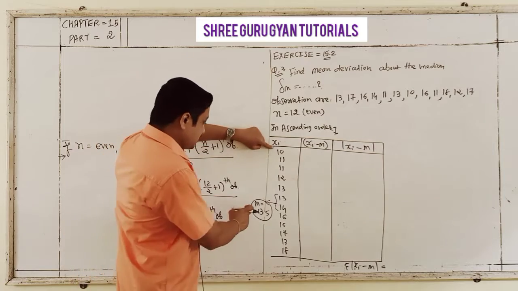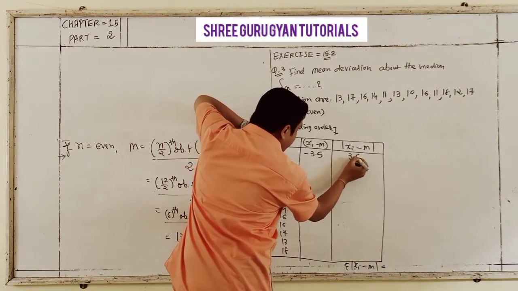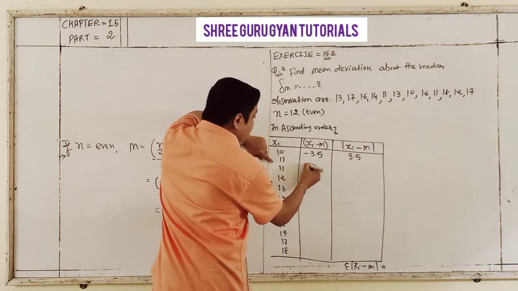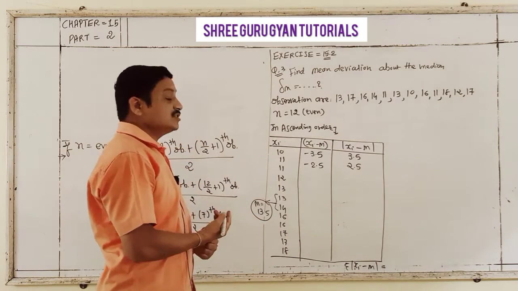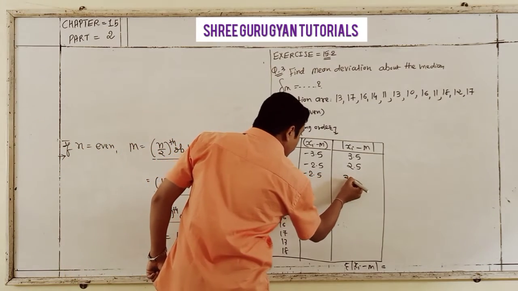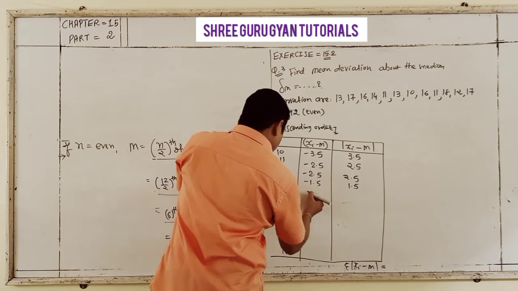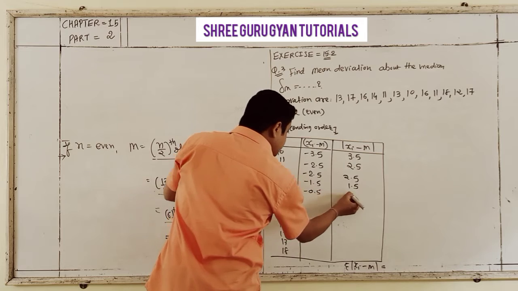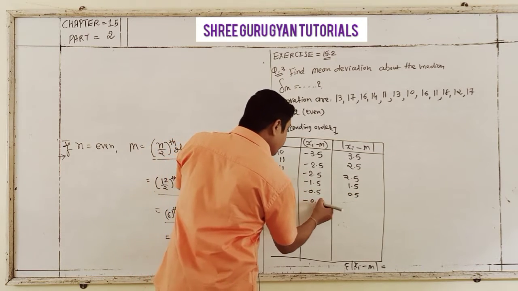So 10 minus 13.5 is minus 3.5. Take the modulus: 3.5. Yes, then 11, 12 and 13. Next, also minus 2.5. Continue. Here minus 1.5. Now here 13, so 0.5, but minus 13.5, again minus 0.5.